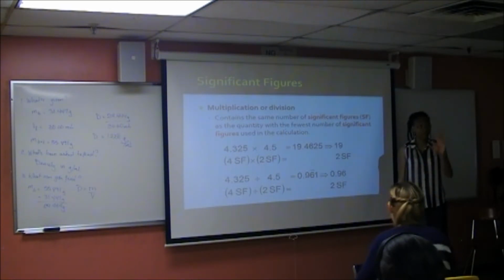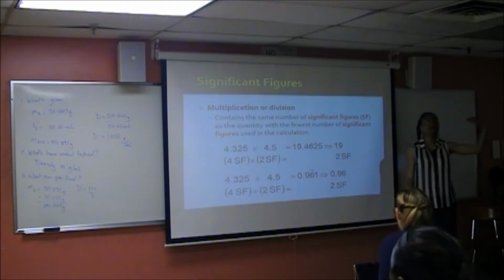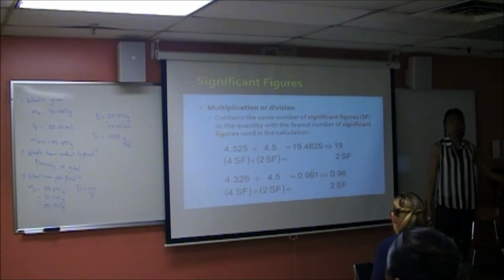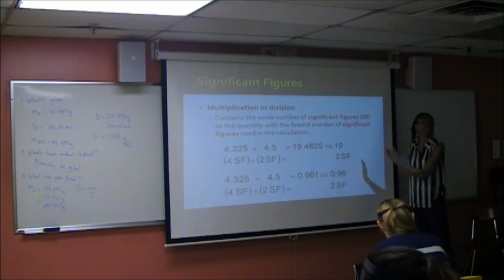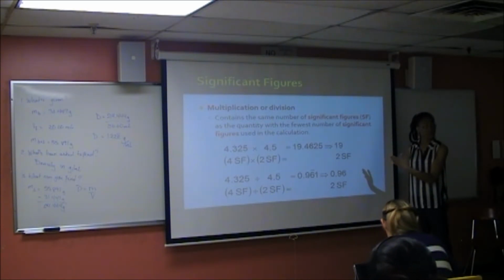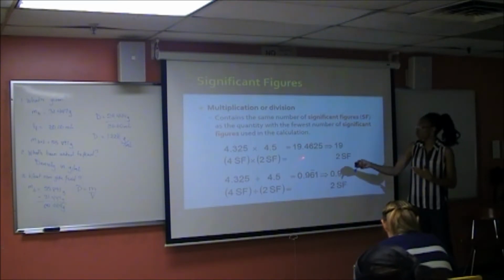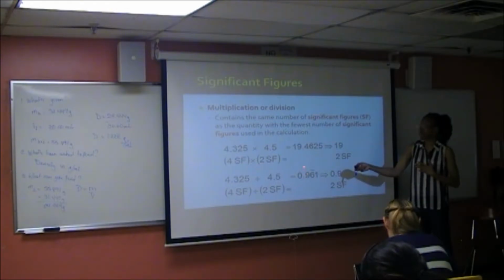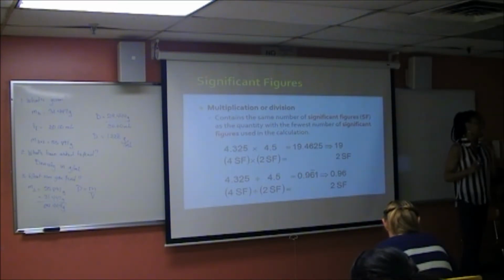So it wouldn't be 0.9. That goes back to my zeros. It's a leading zero. Leading zeros are never significant. So this one doesn't count. We go to our first non-zero number and we have 1, 2. Do we get that?